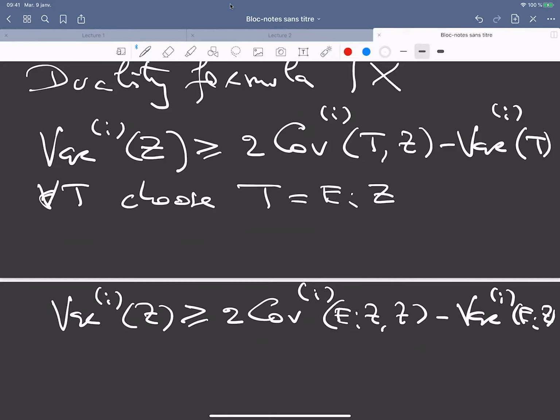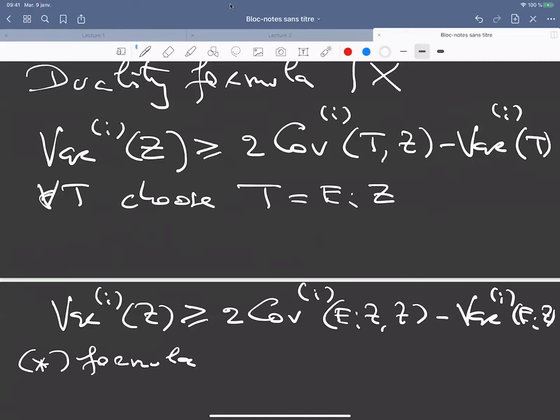And if you use the star formula, it tells you that the expectation I this time of the variance will be larger than the variance of AIZ, because when you take the conditional expectation, you see that when you make appear 2 times this guy minus this guy, it gives you only this guy.